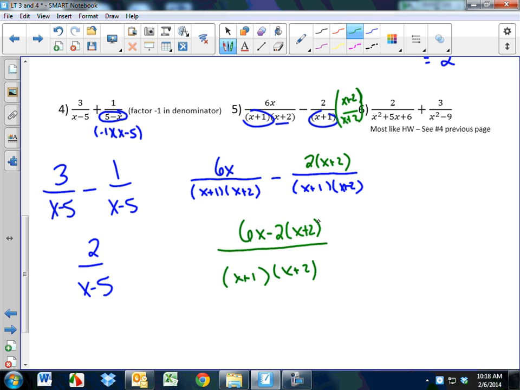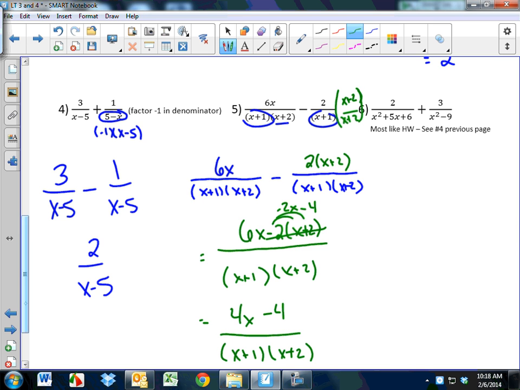I don't know that it happens, but let's see. When you distribute that negative 2, you get negative 2x minus 4. To combine the like terms, 6x minus 2x makes 4x minus 4. There's your numerator over x plus 1 times x plus 2.